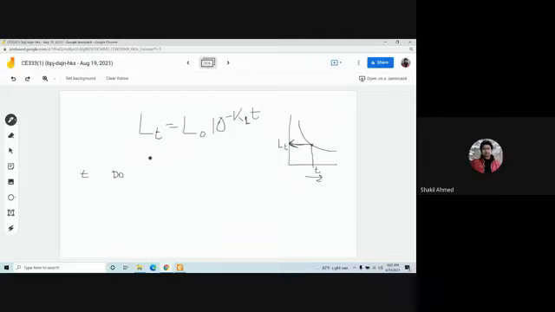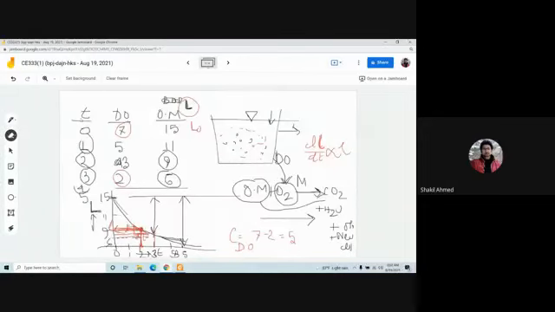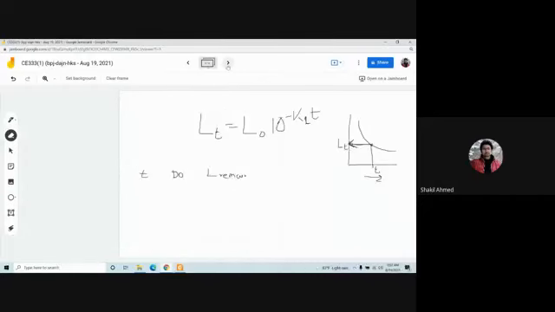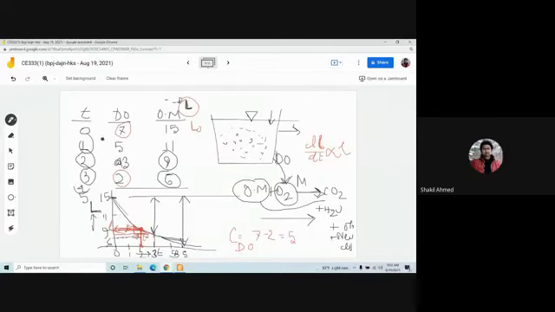Let's call it L. L remaining, organic matter present remaining. Here also, let's not call this BOD. Let's call this organic matter L. Okay, L remaining. At time t equals 0, let's make this constant 7, 5, 3, 2.